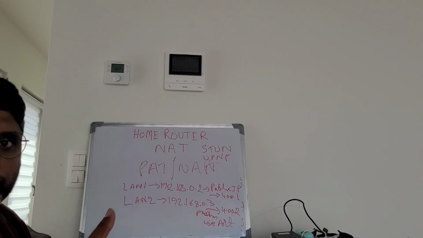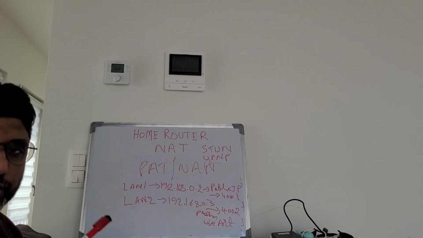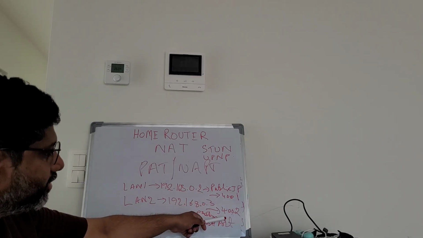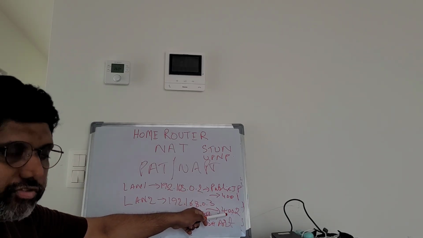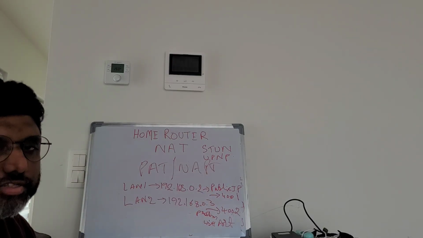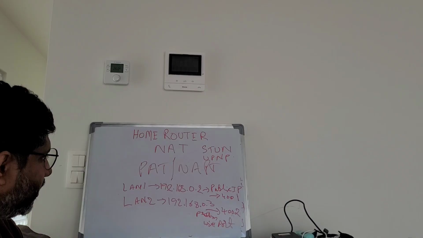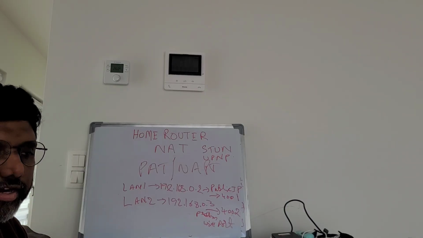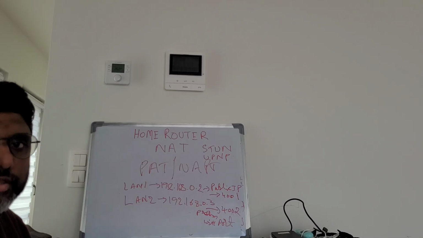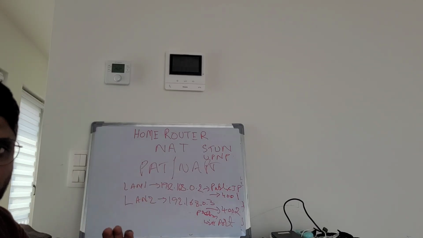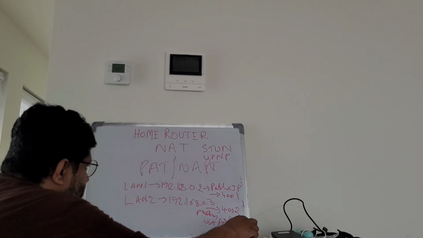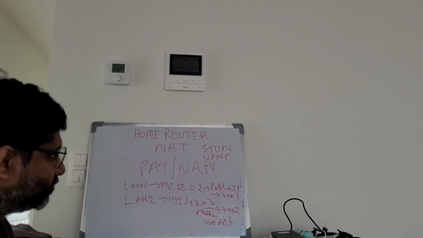So, you need to register it in the home router saying if a packet comes from this port, always translate it to 4001, and if a packet comes from the gaming console, translate it to 4002. So this is how most of the home routers work with PAT/NAPT, right? Because they have universal plug and play, UPnP, already installed in the home router. The STUN server is not in the home router, it's outside, it's on the internet, right? So as I told, STUN may not be useful, UPnP will be useful.